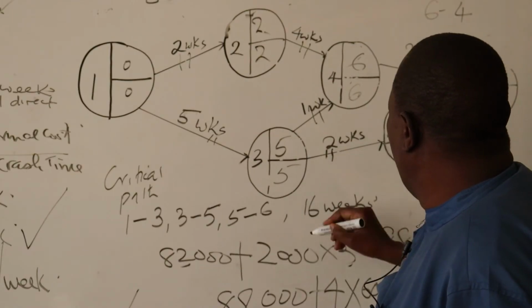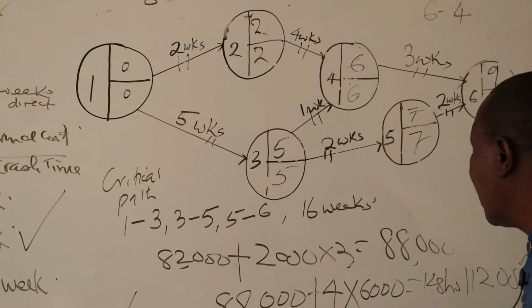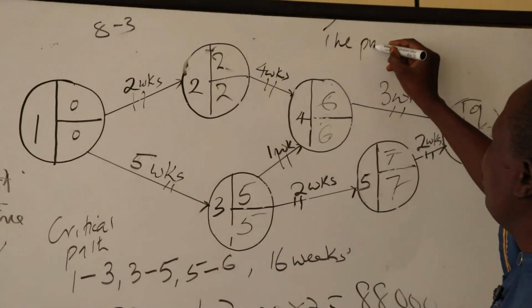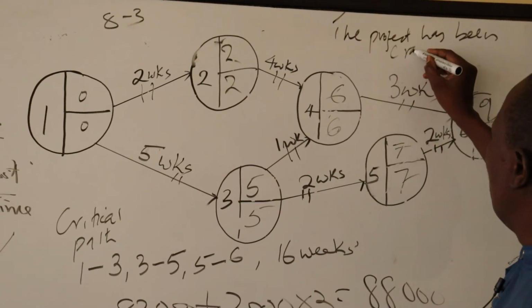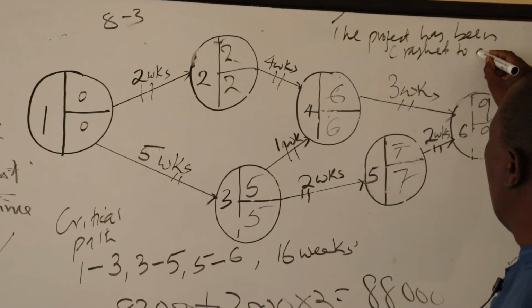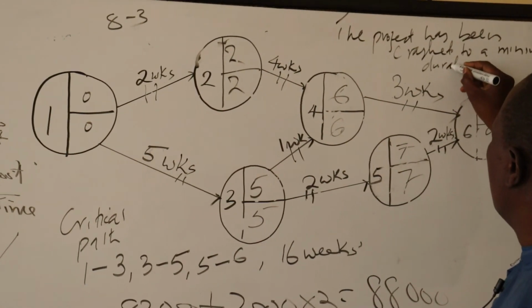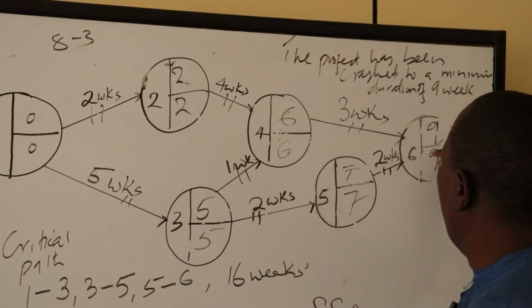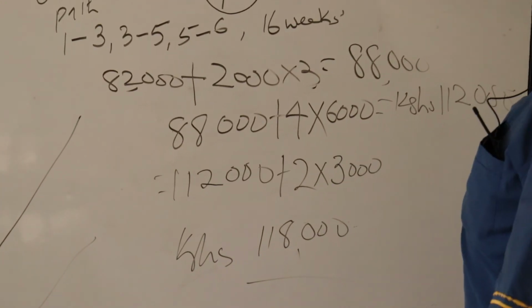Any attempt now, all paths have become critical, and the project has been crushed. The project has been crushed to a minimum duration of 9 weeks, at a total cost of Kenya shillings 118,000.